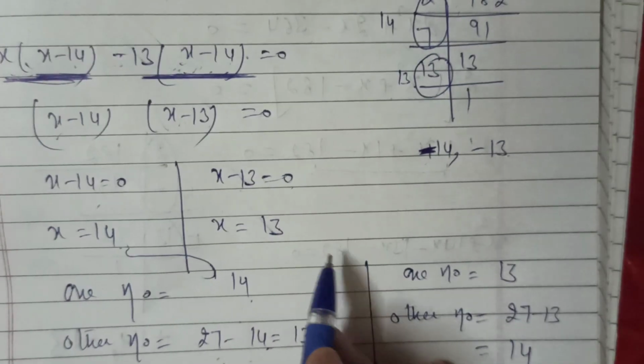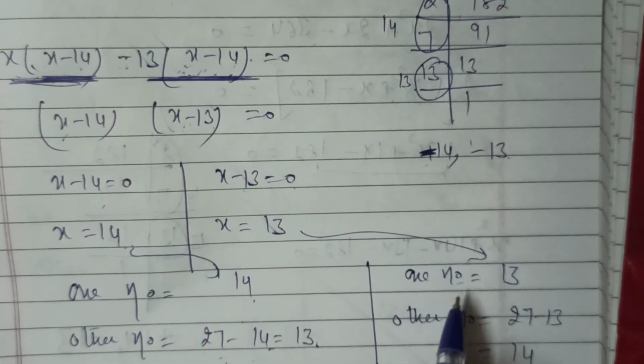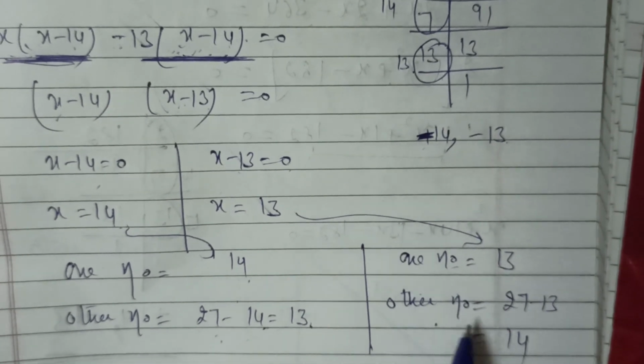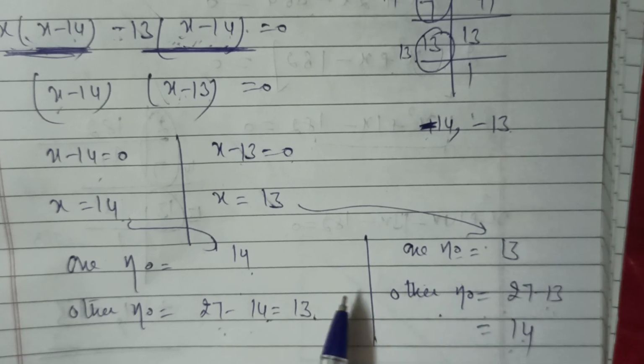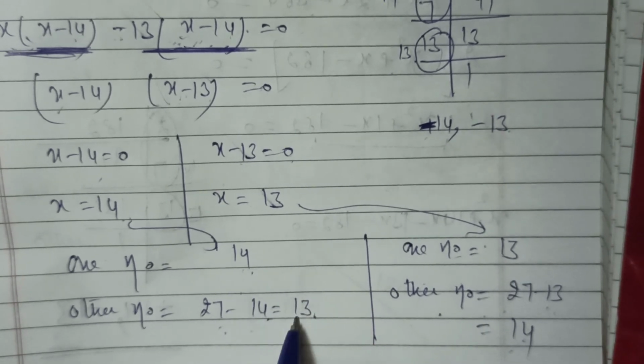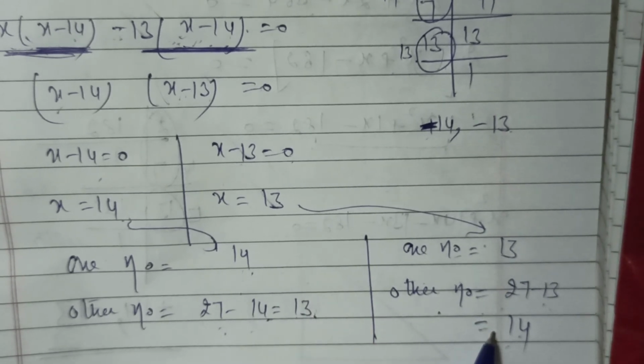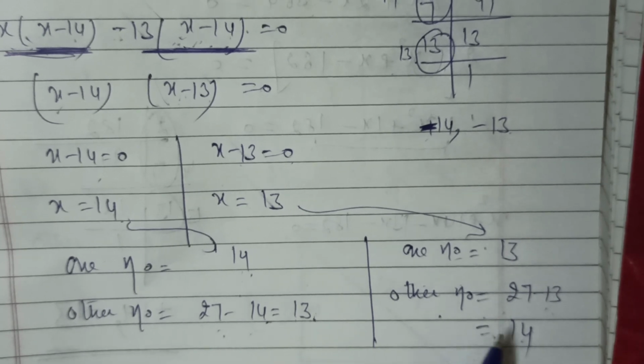And if we take one number as 13, then the other number will be 27 minus 13, that is 14. So in both cases, the numbers come out to be 13 and 14.